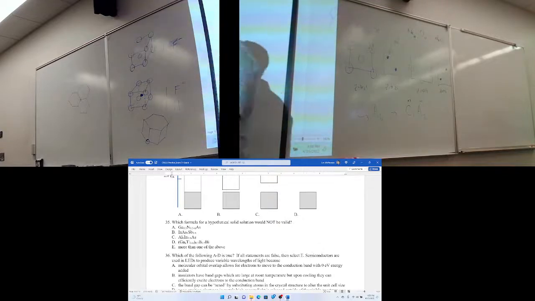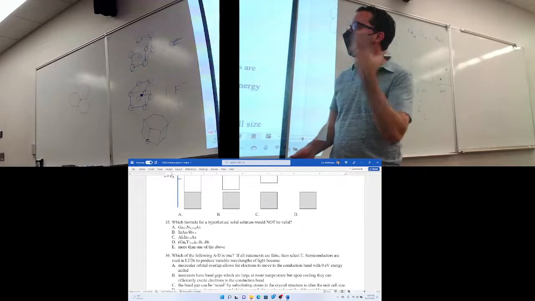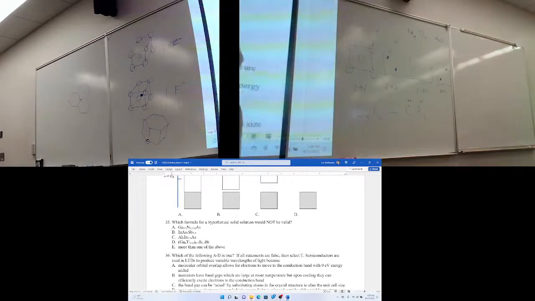Basically, we want to vary elements that are both from the same group if we're going to vary them. Like this one. Indium is group 3, arsenic is group 5, antimony is group 5. If we vary these amounts, that's fine. We're still going to average one group 3, one group 5. Yeah, I think this would work better if this was an X here.